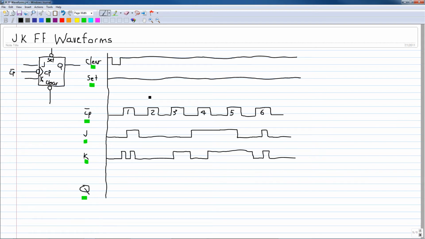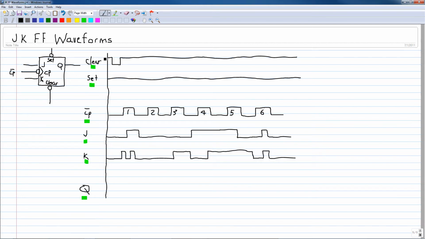Now, the way we do that is we look at the inputs to the various J, K inputs and to the asynchronous set and clear inputs. We can start off by looking at the clear and the set. Notice that set is always high, therefore it does not have any effect on the Q output.